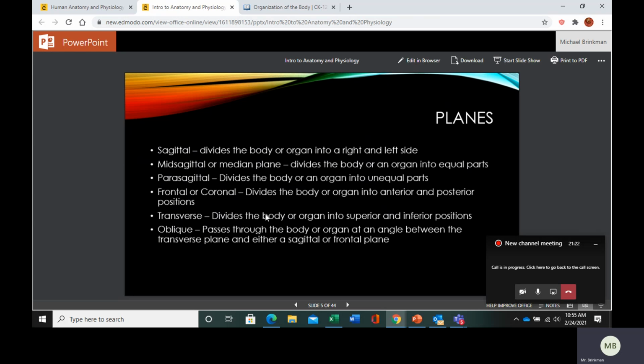Transverse divides it into superior and inferior positions, so upper and lower. And then oblique is going to be one that passes through the body or organ at an angle, kind of like the abdominal muscles that are called obliques. They go at an angle. All right, so hopefully that all makes sense.